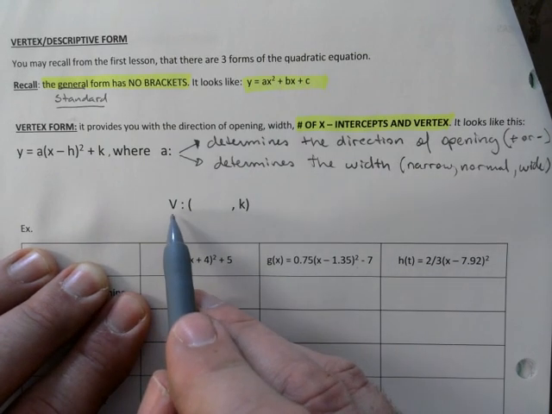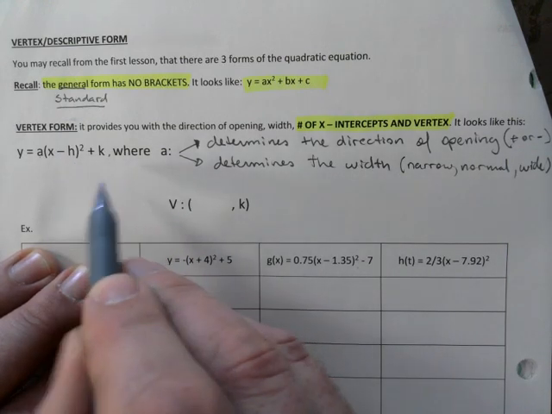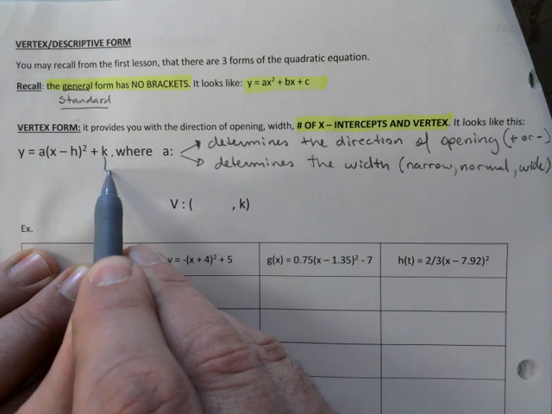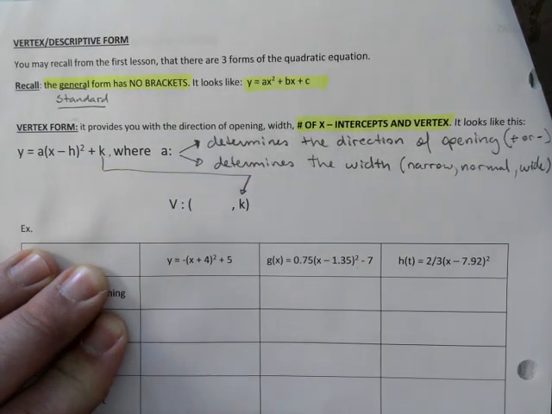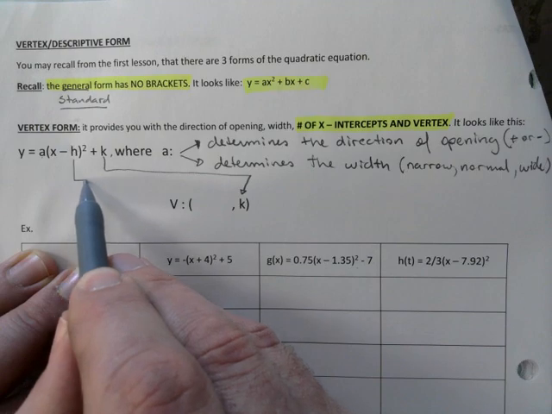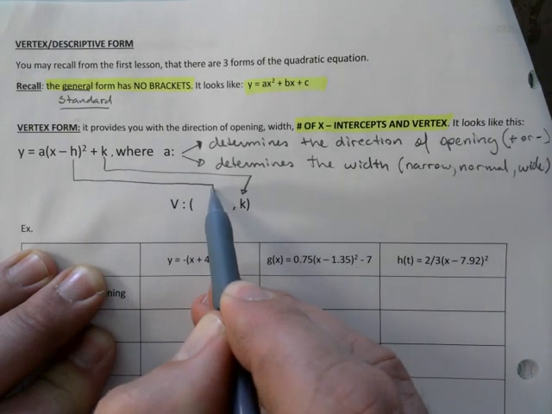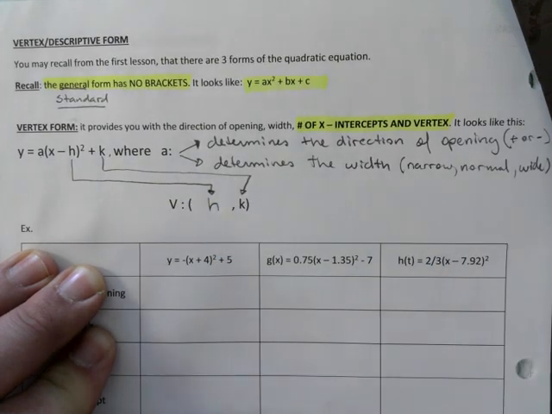But it gives us the vertex, right? And how so? You take k and just that is the y value of the vertex, and you take h, and that is the x value of the vertex.